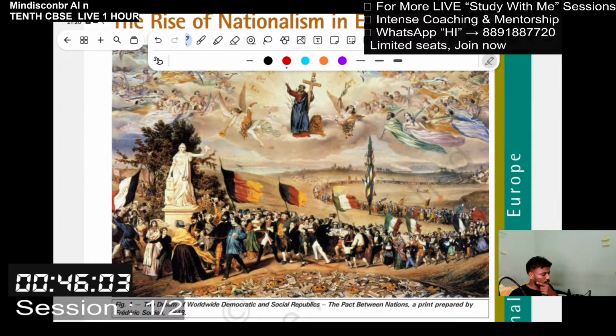Now we are starting the chapter. First, here it is shown an image in figure 1 that shows the dream of worldwide democratic and social republics, the pact between nations, a print prepared by Frederick Sorio in 1848.